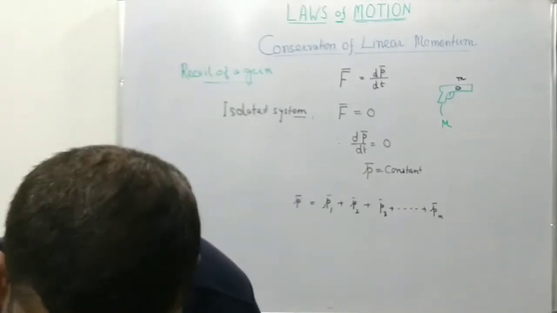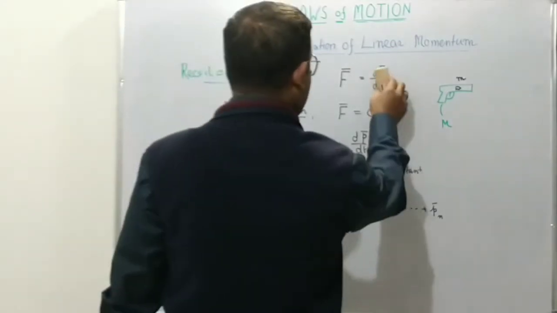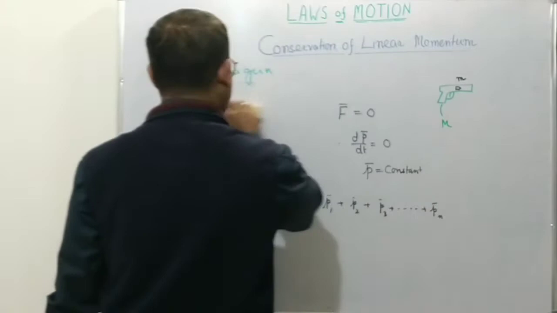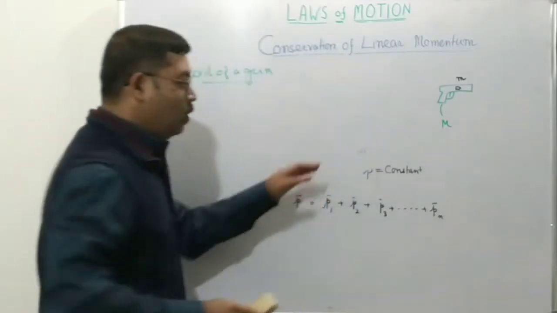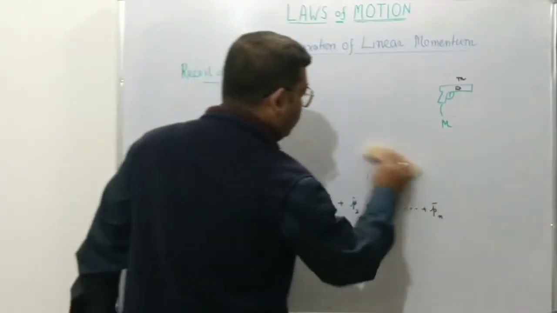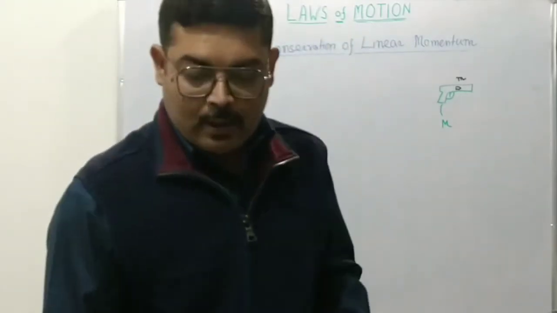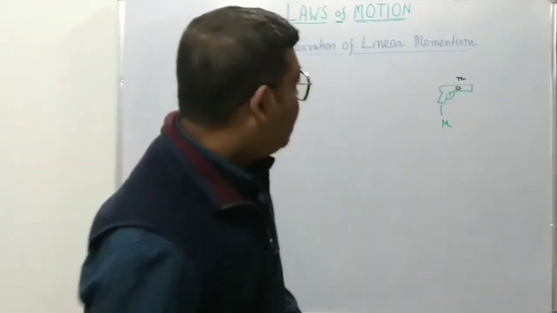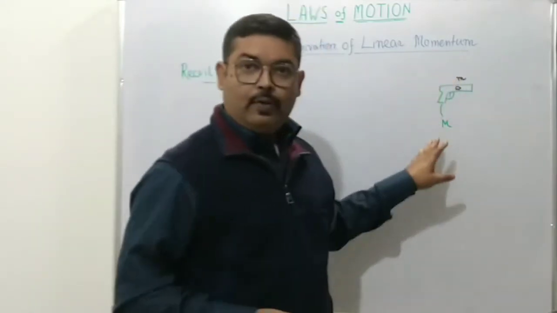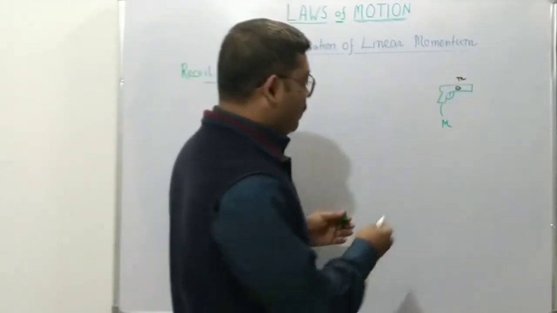Now, if conservation of momentum is true, which of course from the second law we have already seen, the net momentum of the gun and bullet system will remain the same when the gun is loaded with the bullet and even after the bullet has been fired.